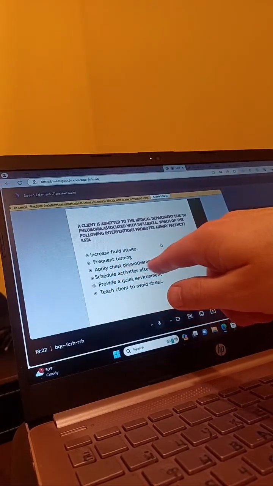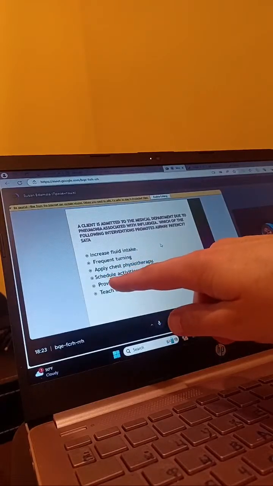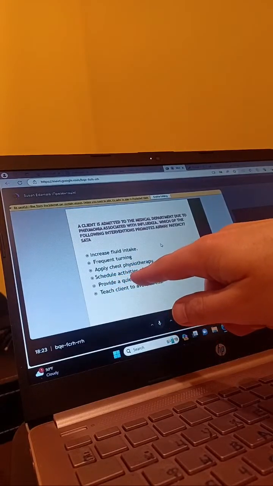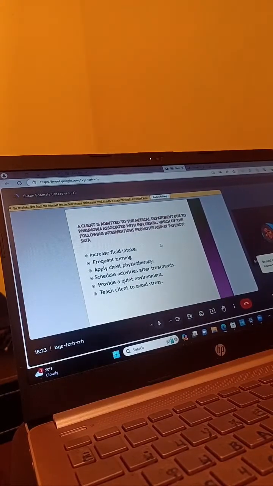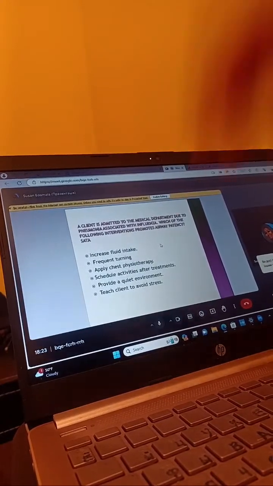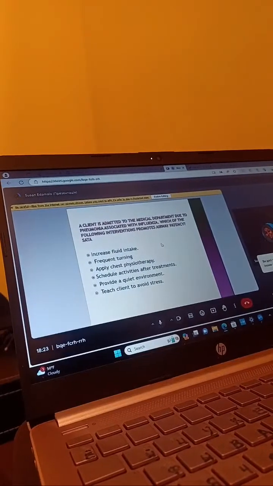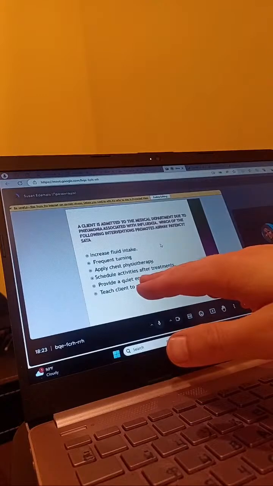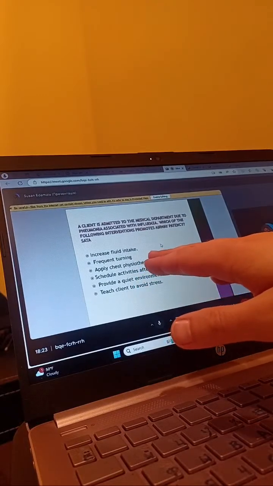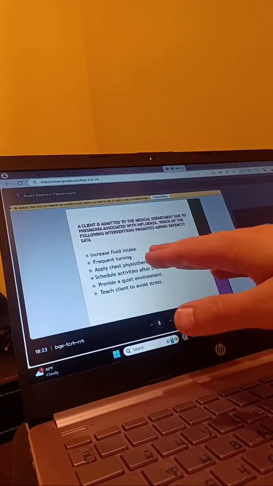Apply chest physiotherapy. Schedule activities after treatment. Provide a quiet environment. Teach client to avoid stress. As for me, the stress is not important. Okay. Increase fluid intake, yes, it's good.